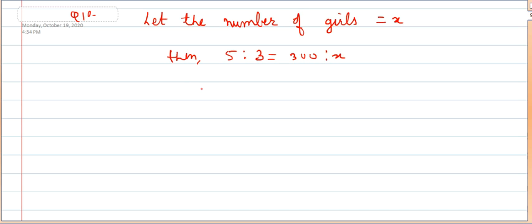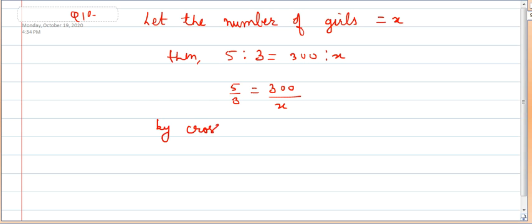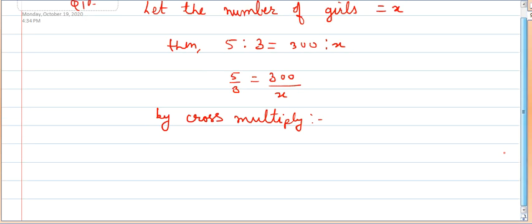Okay, convert these ratios into fractions. So we have 5/3 equals 300 upon x. Now by cross multiply, 5 into x equals 3 into 300.